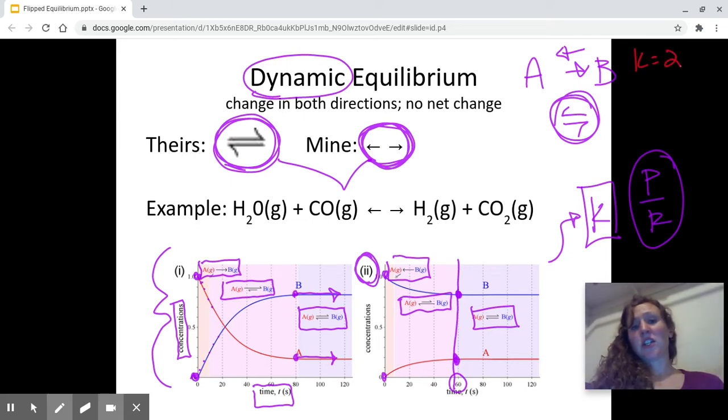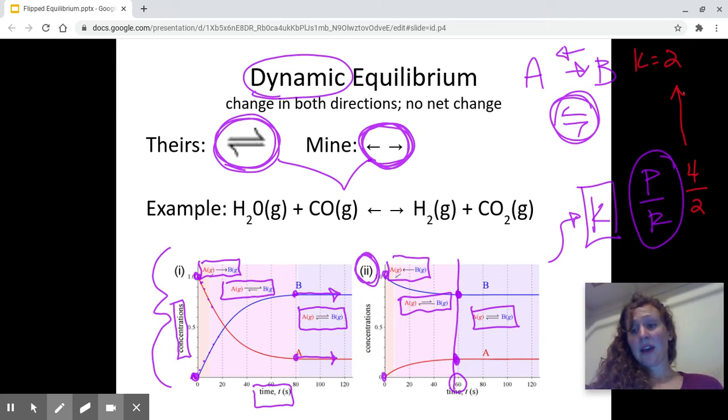Well, if we change initial concentrations, we might have 4 products and 2 reactants present at equilibrium. And that gets us to a ratio of 2, or 2 to 1, right?